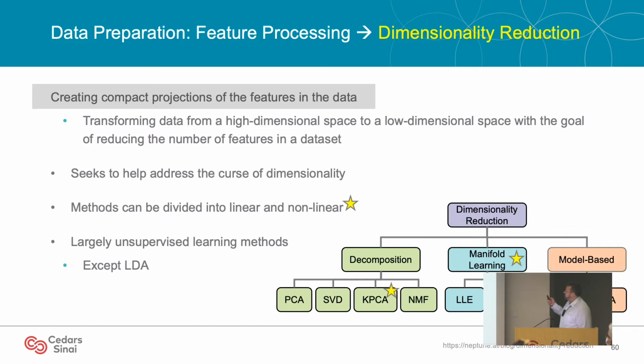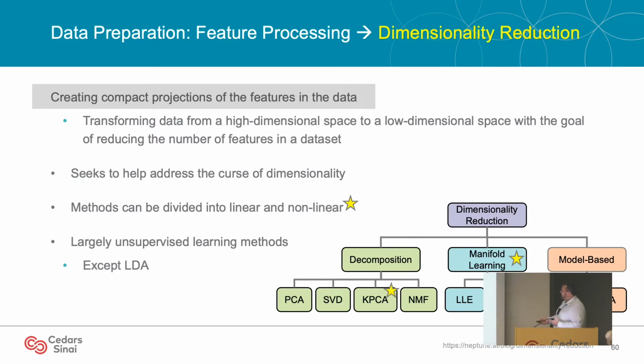Dimensionality reduction. So here we're creating compact projections of the features in data. This can be useful, and it's often used when you have data sets with tons of features. So genomic analyses where you have hundreds of thousands or millions of variables to consider. You're basically transforming data from a high dimensional space to a low one with the goal of reducing the number of features you're going to hand to modeling.